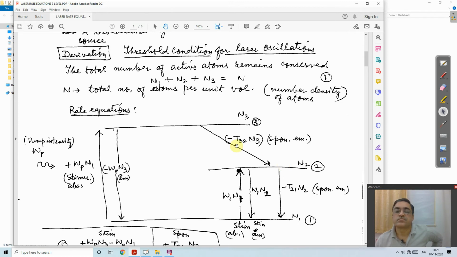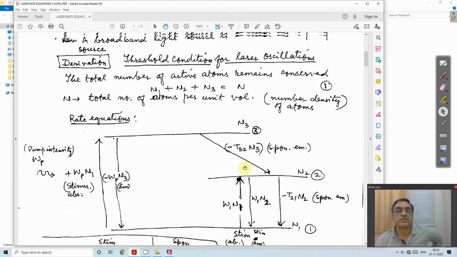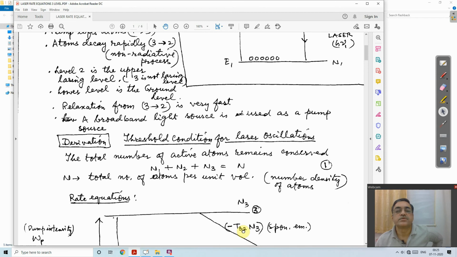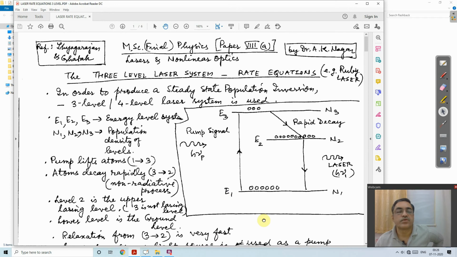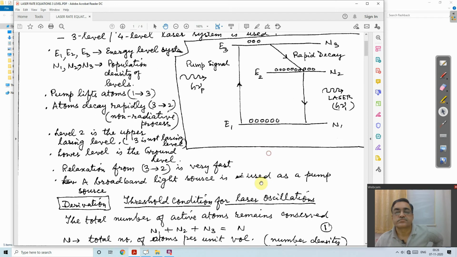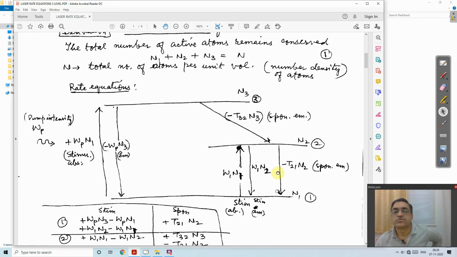So here it is T, the rate of transition, as you will see next also, from 3 to 2, and because it is decaying here, so minus T3 N3, proportional to the number of atoms present there.